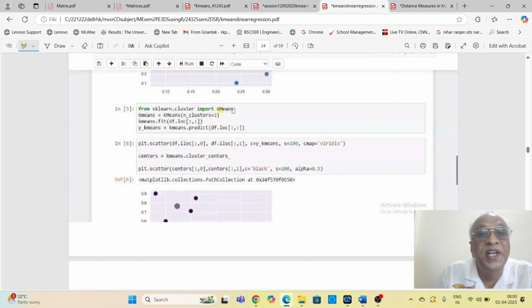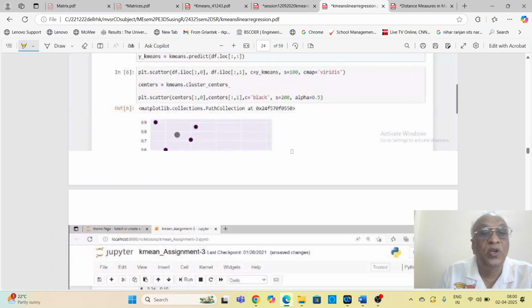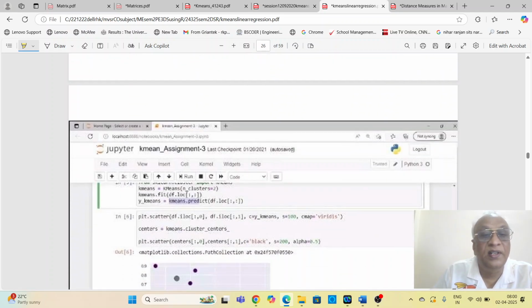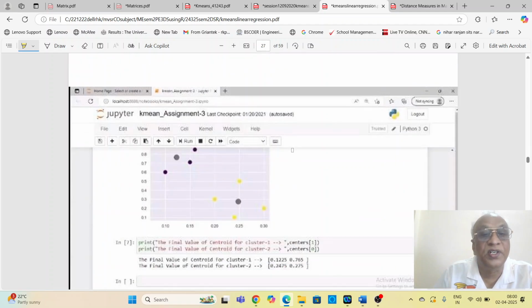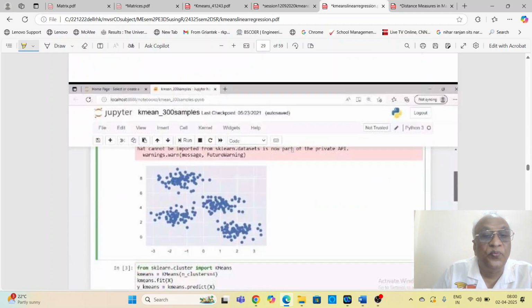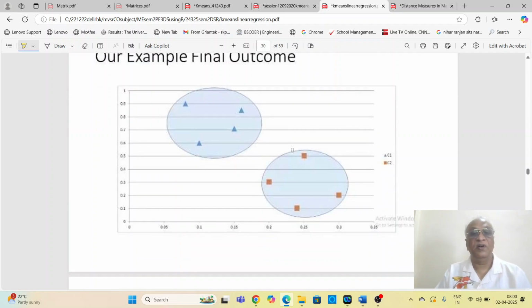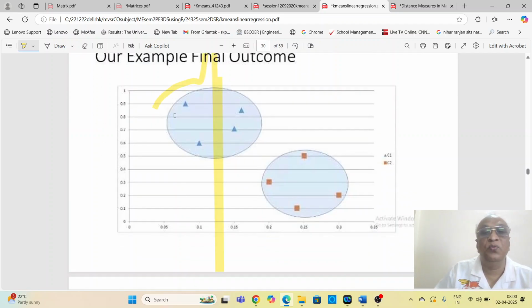And here I am importing KMeans from sklearn.cluster. And I am implementing KMeans where I am mentioning the cluster size as 2. And I'll be getting the results. So this is a simple example wherein the final outcome will be like this. There are 2 clusters and these are the data points in these clusters.